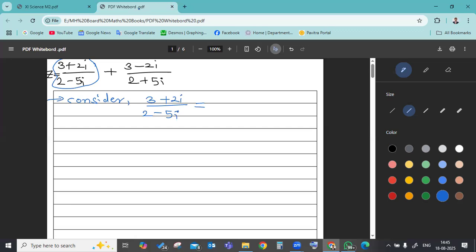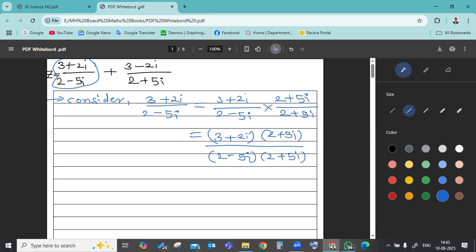Now it is the division of two complex numbers. We multiply and divide by the complex conjugate of the denominator, 2 plus 5i. Then we get (3 plus 2i) into (2 plus 5i) divided by (2 minus 5i) into (2 plus 5i).